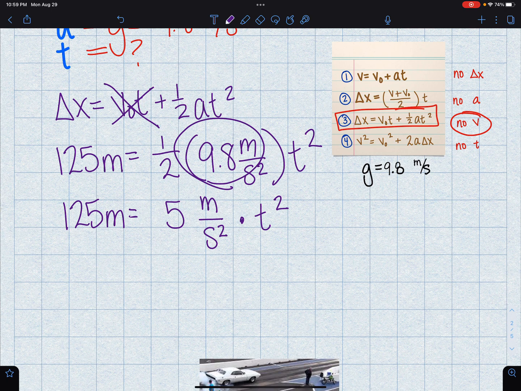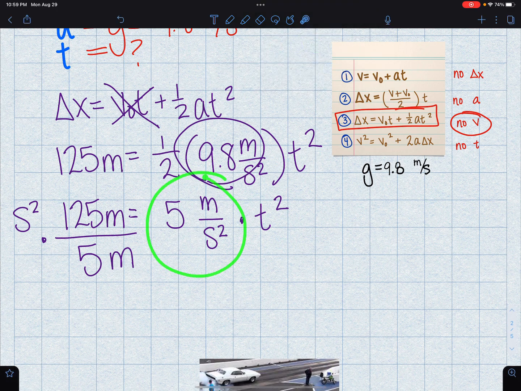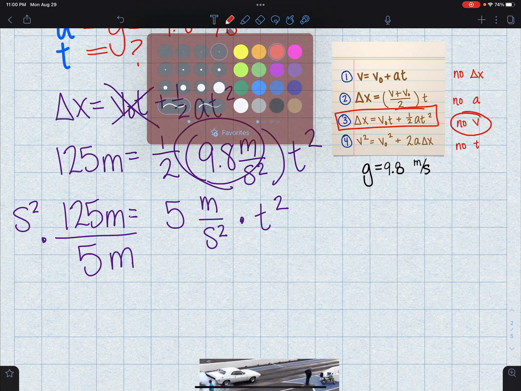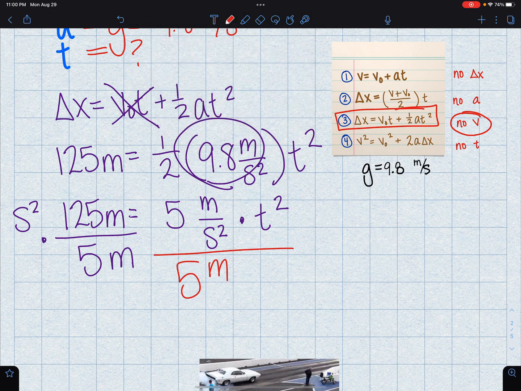So I'm going to divide this by 5 meters per second squared. But instead of having a fraction on top of a fraction, what really happens, if you remember, is that this goes on top. Okay, does that make sense? When you're dividing by 5 meters per second squared, what I'm actually doing is dividing both sides by 5 meters per second squared, because you can do the same thing to both sides of an equation.